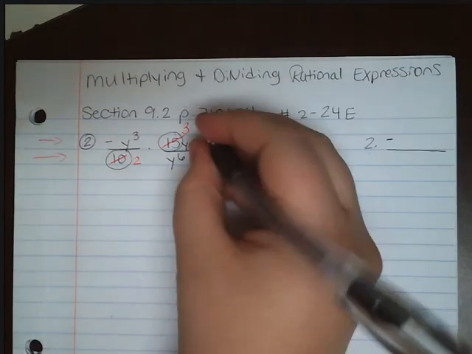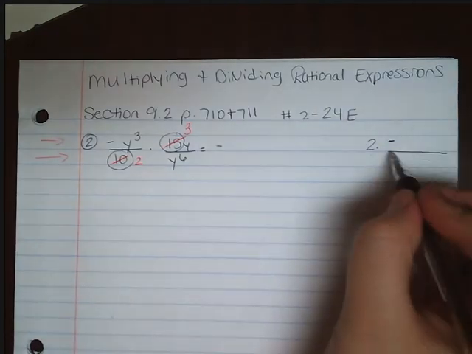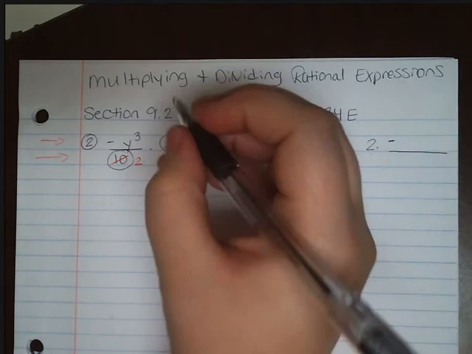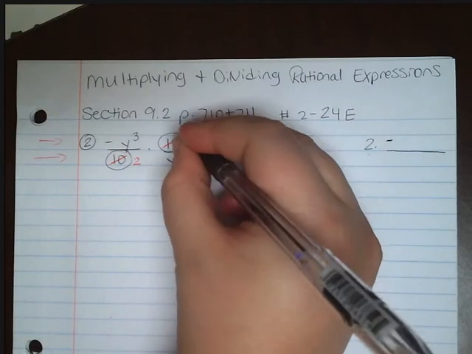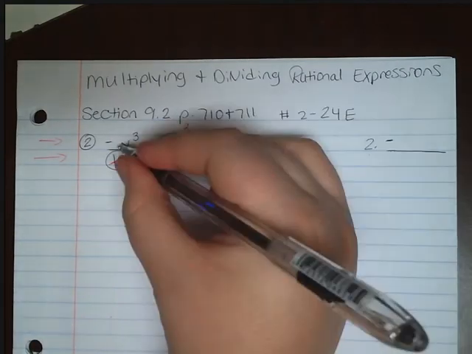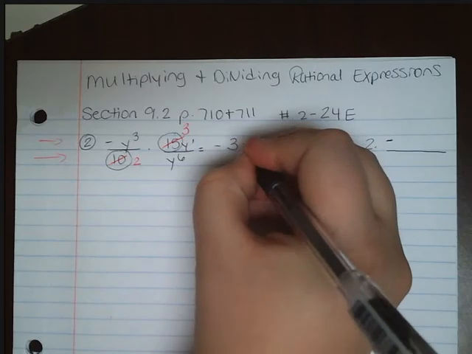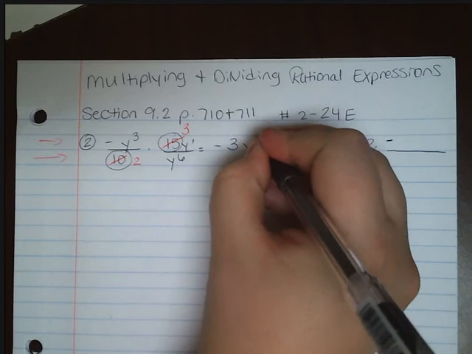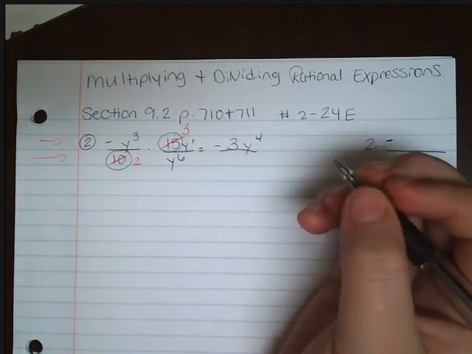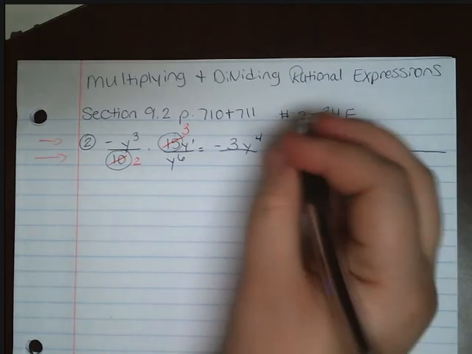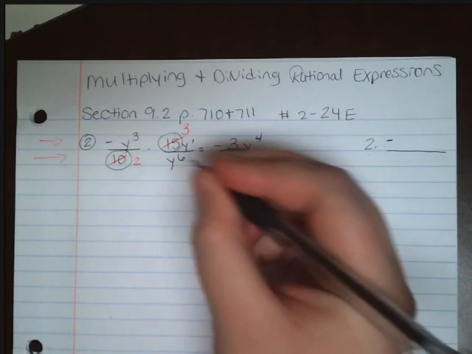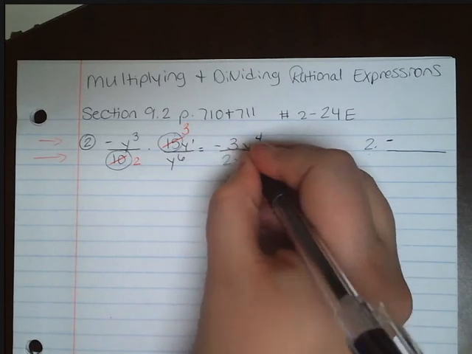I'm going to write my negative just because it's habit, but we don't have to worry about it because it's already in our answer. Then I've got 3 in red here. Then y to the third times y to the first is y to the fourth. Remember, when you multiply your bases, you add your exponents. Then I have 2 in red here, y to the sixth.